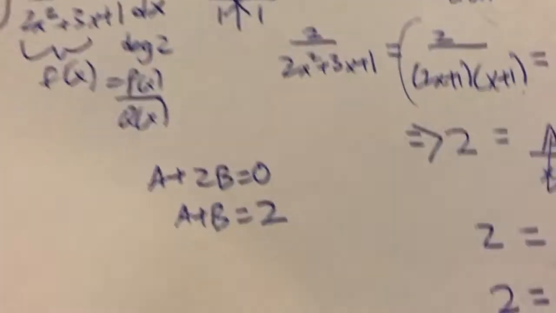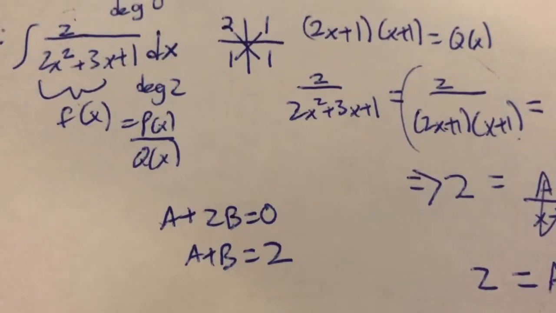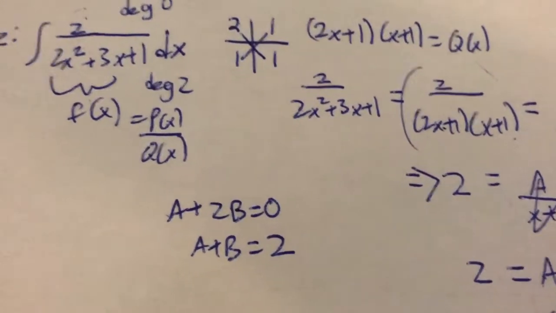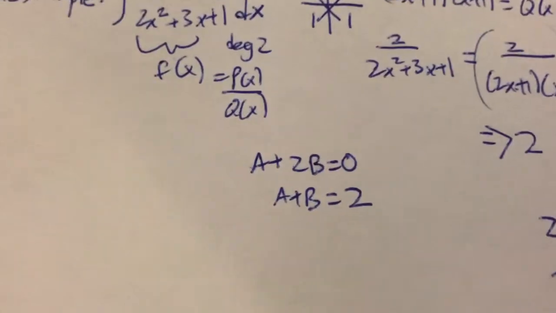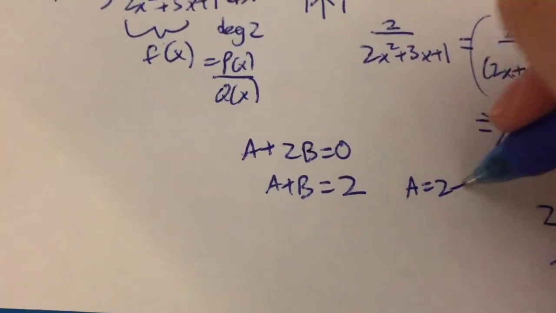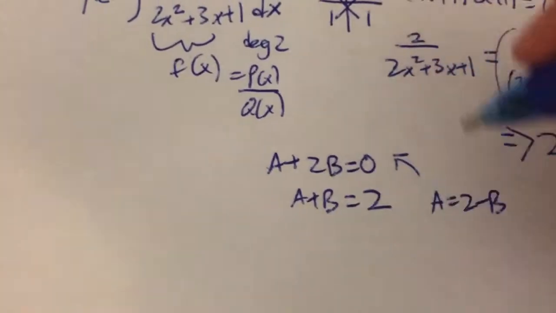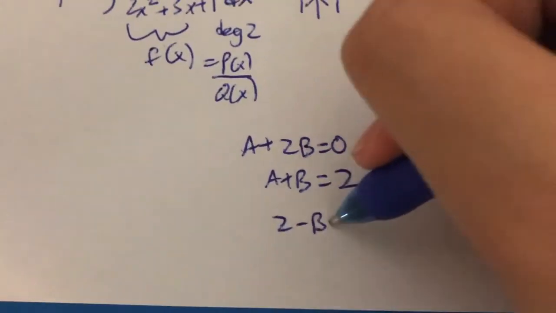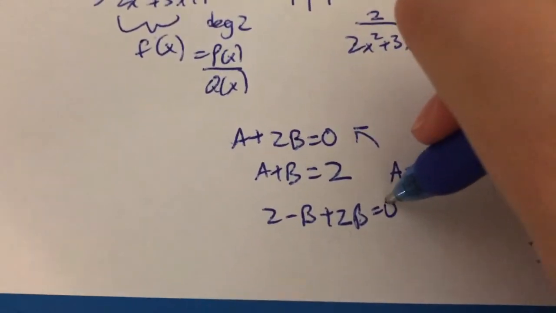So we can rewrite this as saying a plus 2b is equal to 0, and then a plus b is equal to 2. Very simple stuff, okay? A plus 2b is equal to 0, a plus b is equal to 2. And now we just try to solve for the constants. So since a is equal to 2 minus b, we substitute it back into the equation. We get 2 minus b plus 2b equals 0.